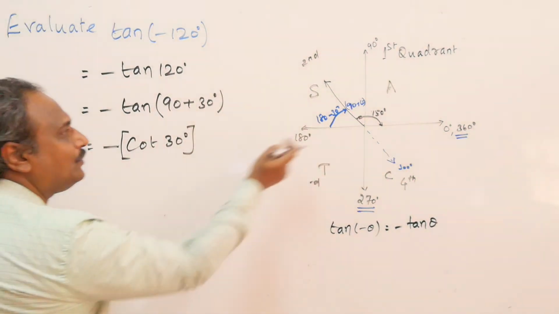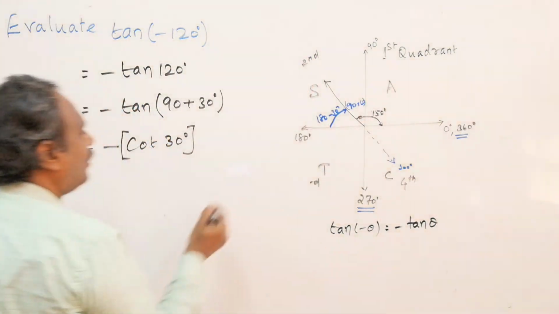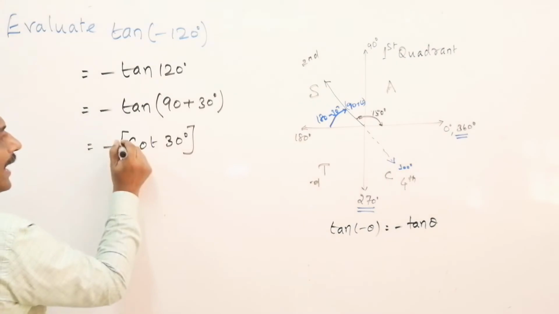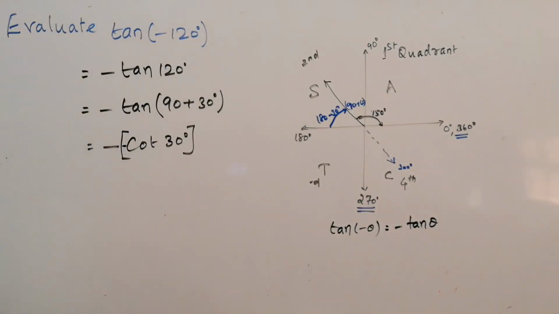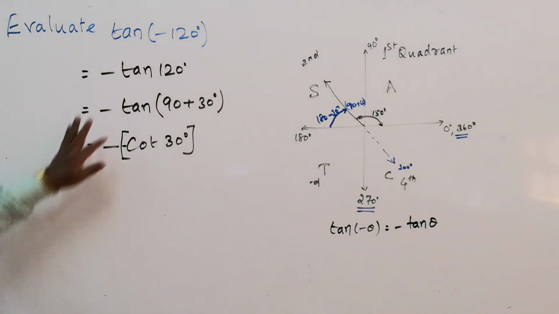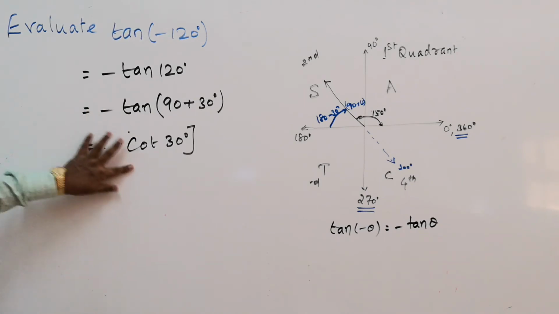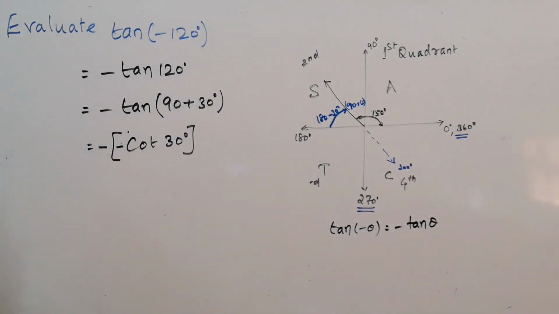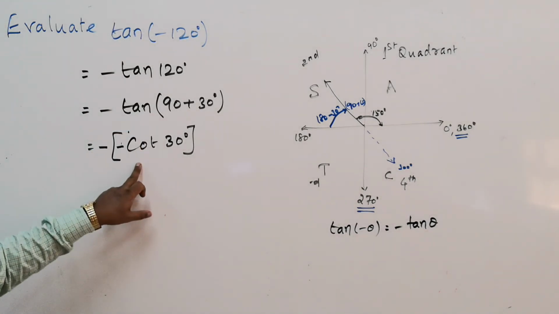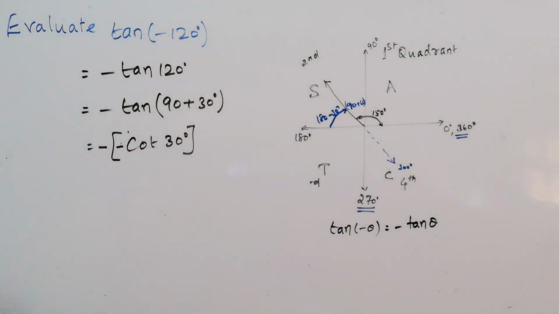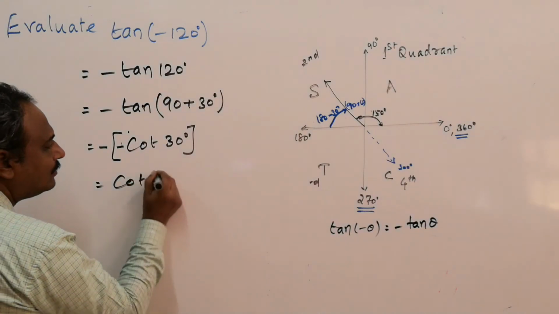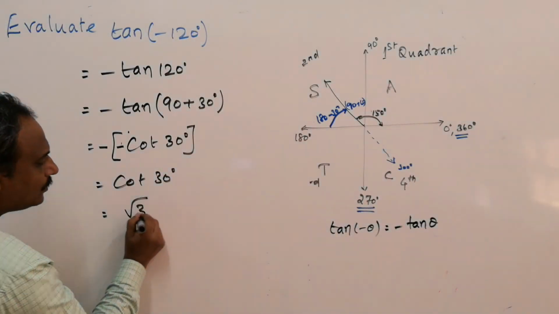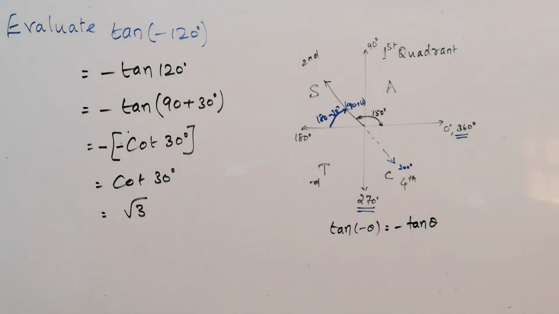But this value is lying in the second quadrant, where tan is negative. So I will have minus for this, and another minus for the second quadrant. So minus into minus will become plus cot 30. The value of cot 30 is root 3.